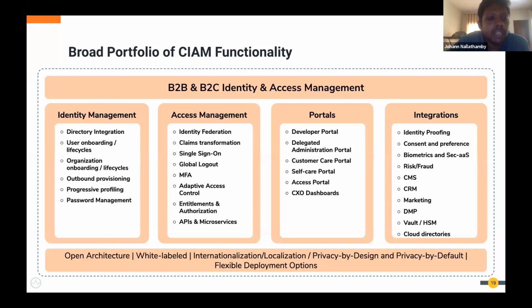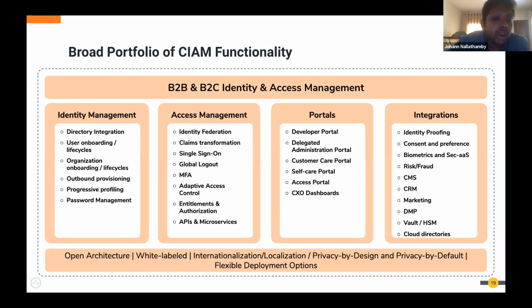Identity management is all about how you're going to integrate your directories, onboard your users, manage the life cycles of the users, manage organizations, in the sense of your custom organizations, how you're going to provision users to external applications, progressive profiling, and password management.